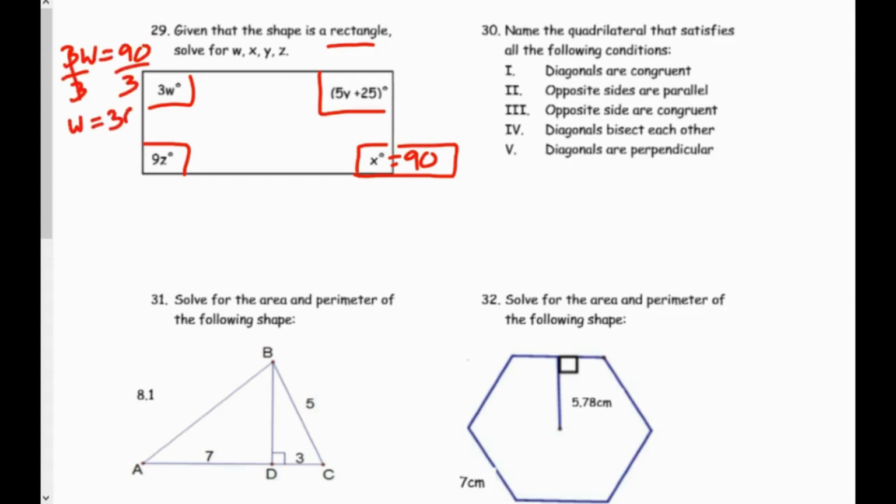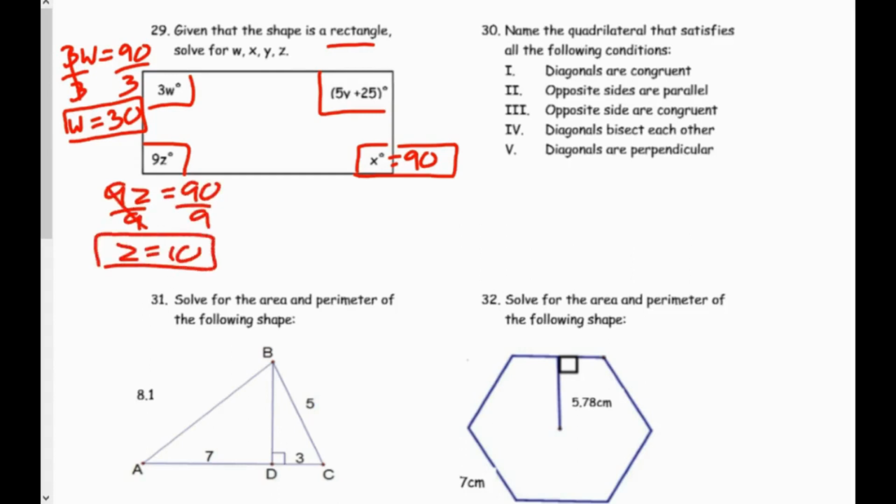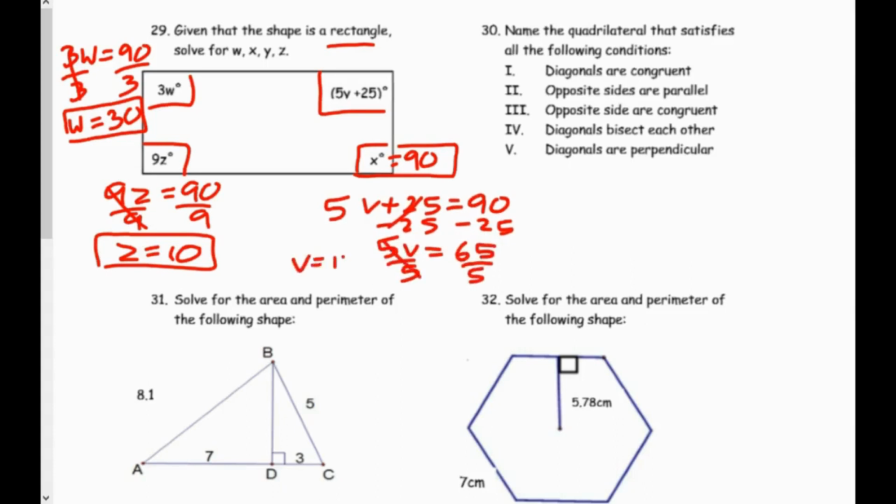W equals 30. 9Z equals 90. Divide by 9. Z equals 10. 5V plus 25 equals 90. Minus 25. 5V equals 65. Divided by 5. V equals 13.